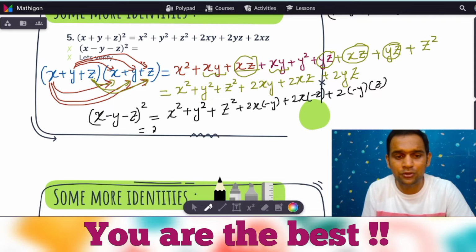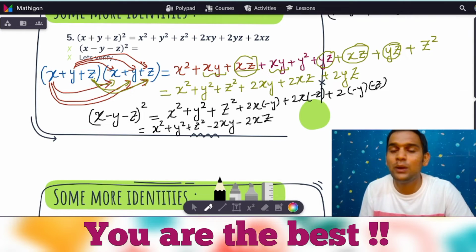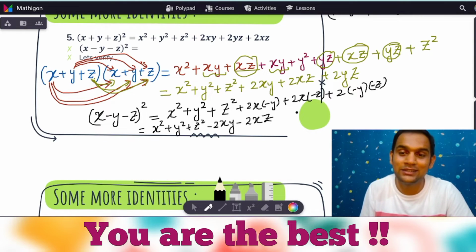Now that is equal to x square plus y square plus z square. Now 2x times minus y is minus 2xy. 2x times minus z is minus 2xz. And minus y times minus z is plus yz, right?